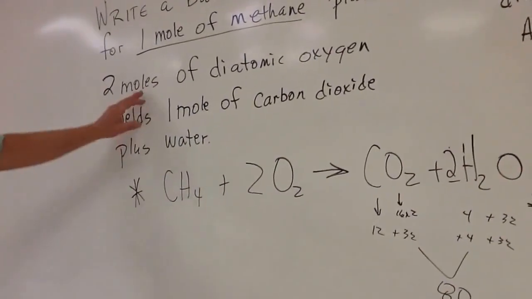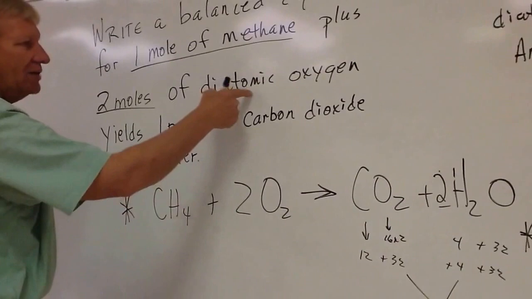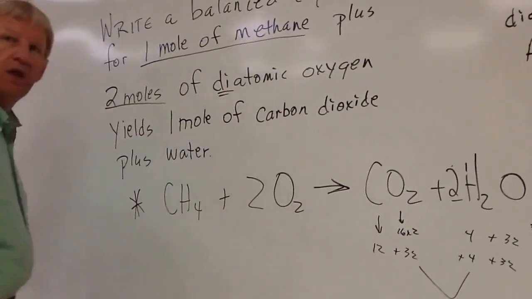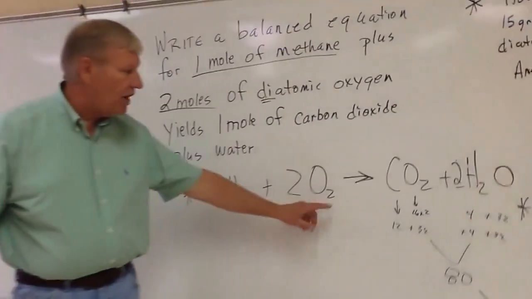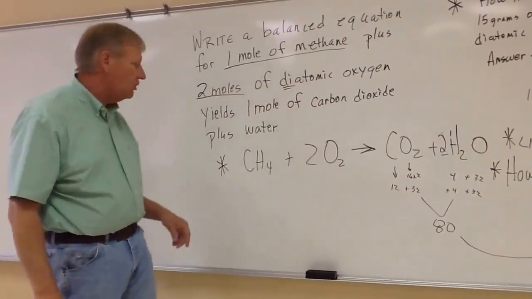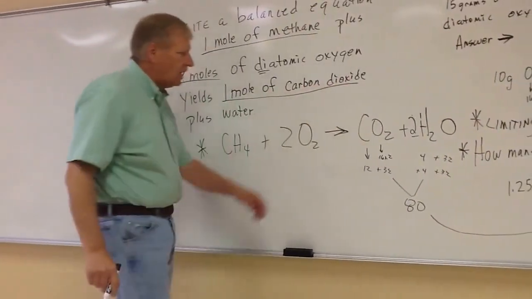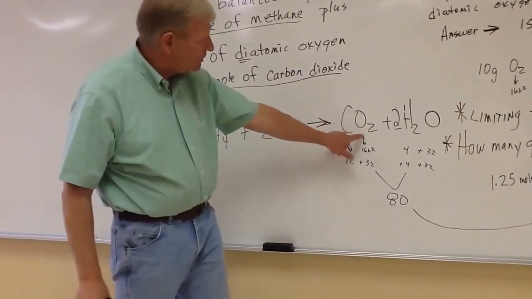Plus 2 moles. Here's our 2 moles of what? Diatomic oxygen, O2. This is where we do a subscript. It tells us to use diatomic oxygen. What does it yield? 1 mole of carbon dioxide. So 1 mole of CO2.